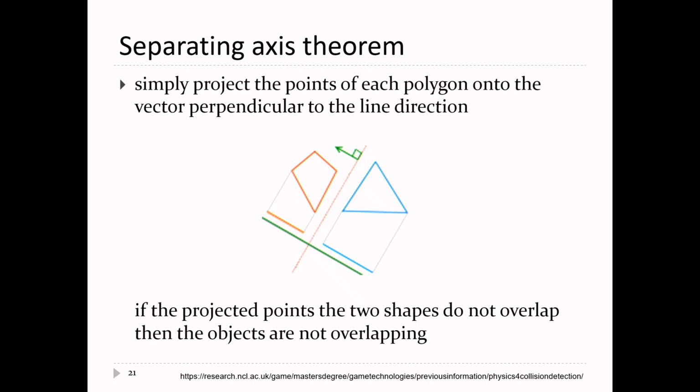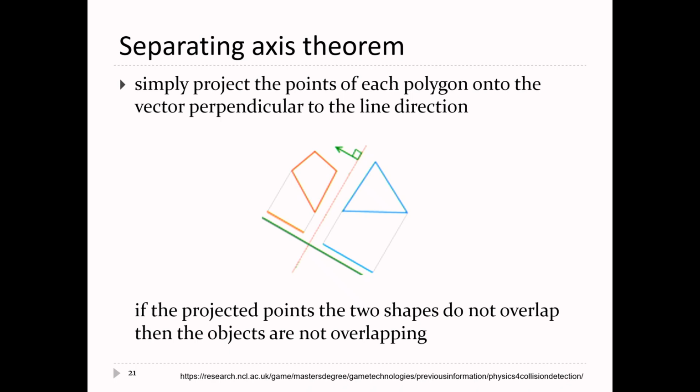And the projection of pi onto n, remember, that's just pi dot n, if n is a unit vector. That's a scalar value, and so it's just that value there, which in this case is positive. You're going to do this for every point here. So that's the projection of that point, and so on and so forth.